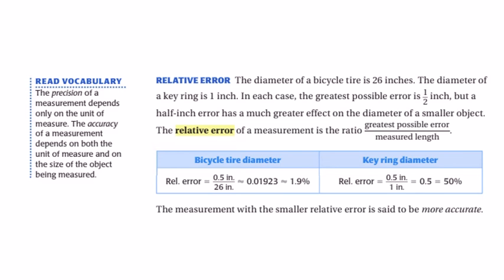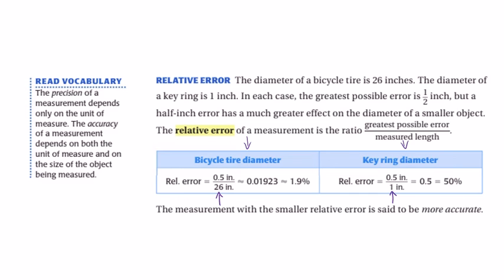The relative error of a measurement is given by the ratio: the greatest possible error divided by the measured length. As you can see below in this example, I have the tire versus the key ring. The half inch is still in the numerator for both of them, but then the actual measurement of my tire and the key ring are in the denominator.